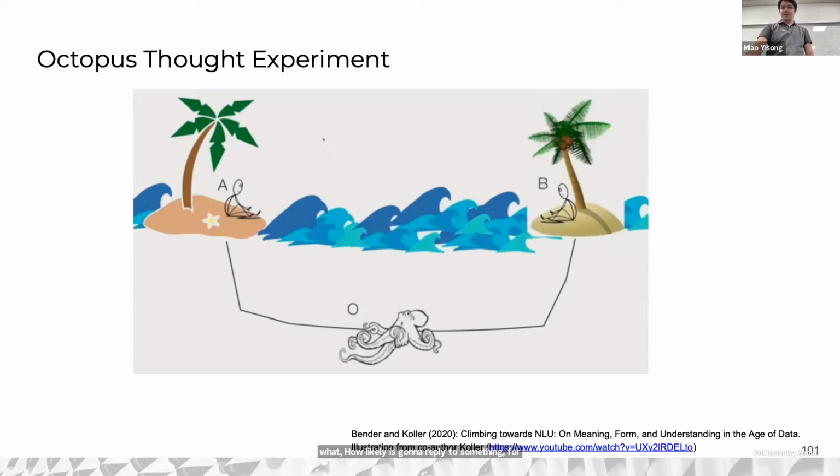After a while, the octopus decides to cut off B and insert itself into the communication. The octopus will communicate with A, and A will not suspect that on the other end of the line is anything other than B. A will think that it's B talking to him.